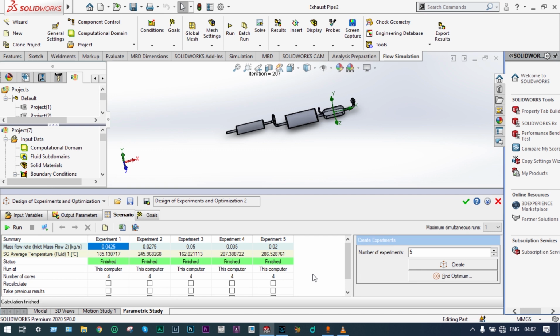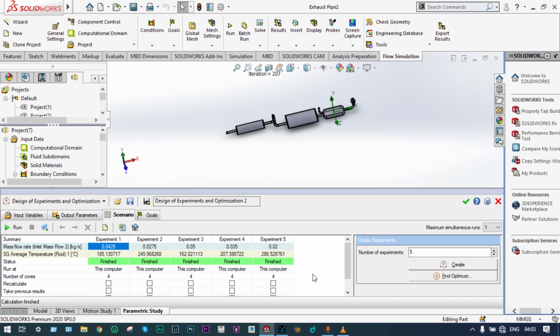Okay, all the iterations have been finished. You can see here, from experiment number 1 at mass flow rate 0.0425 kg per second, we got the temperature as 185.13 degrees centigrade, and at 0.0275 kg per second mass flow rate, we got the temperature as 245.96 degrees centigrade.